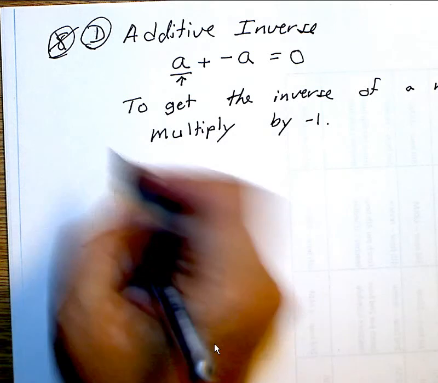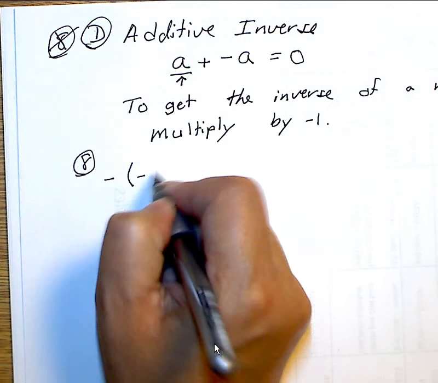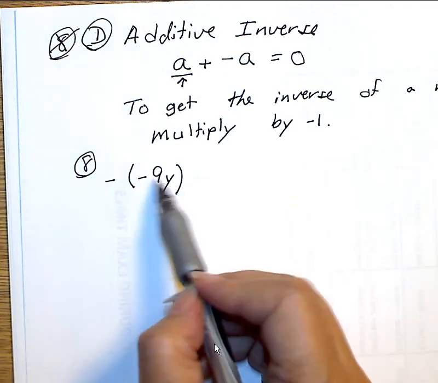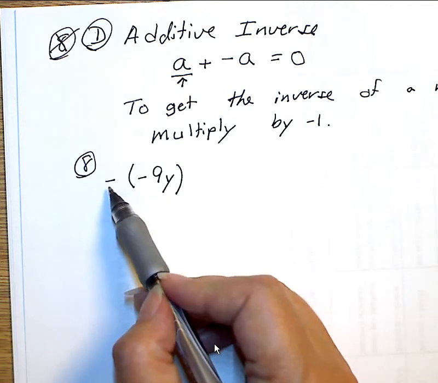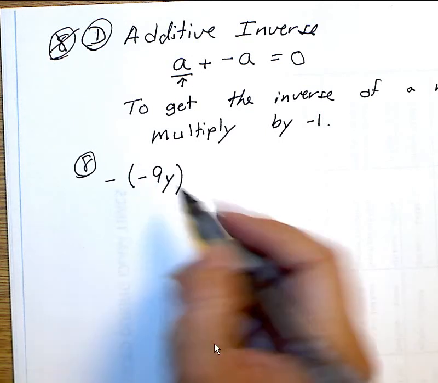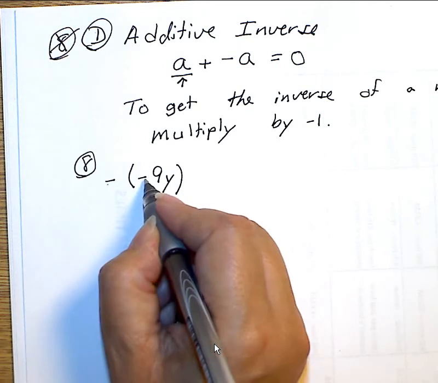So now I can do my 8. So we have negative 9y. So we start with our negative 9y, and to find its inverse, we multiply by that negative 1. So what is the inverse of the negative 9y? 9y, because negative and negative make a positive.